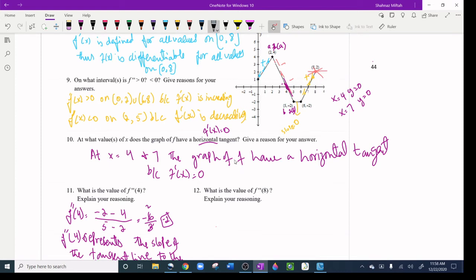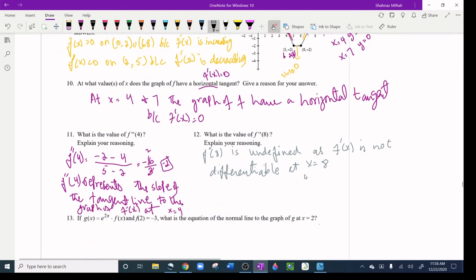So for the reasoning: f double prime 8 is undefined as f prime x is not differentiable at x equal 8, because we are making several tangent lines.